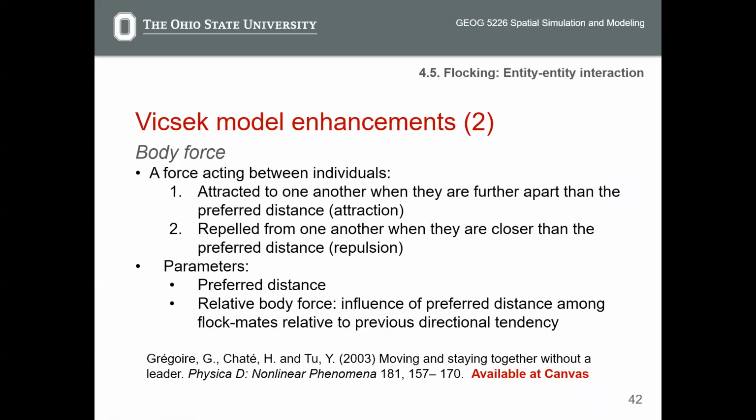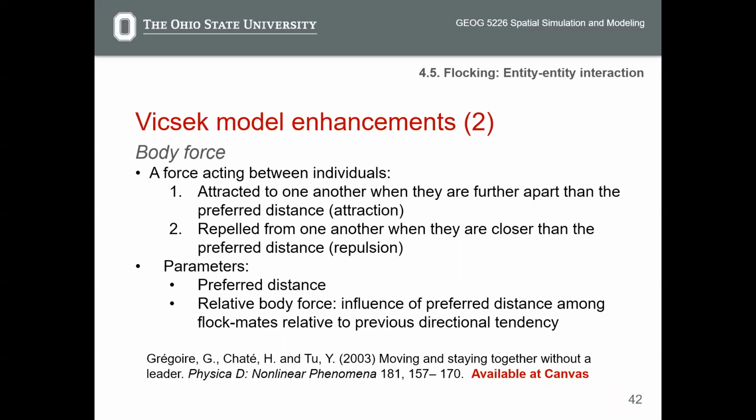And we can also add something called body force into this model to make it even more real. Okay, a force acting between two individuals. Body force is a force acting between individuals attracted to one another when they are further apart than the preferred distance. Of course, you have to set a preferred distance first, right?